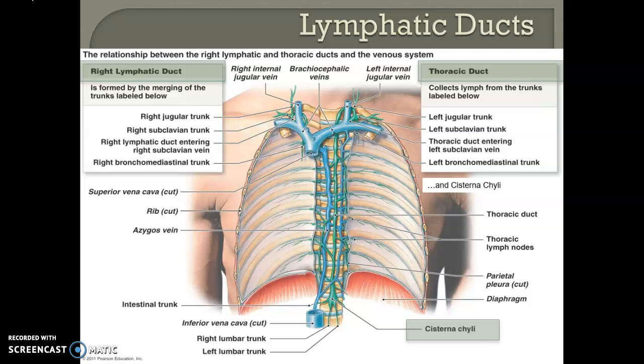The right lymphatic duct receives lymph from lymphatic trunks that drain the right side of the body, as shown by the box here. The thoracic duct is the largest lymphatic duct. I want you to remember that. The thoracic duct is the largest lymphatic duct, and it ultimately drains into the left jugular vein and left subclavian vein, as shown here.